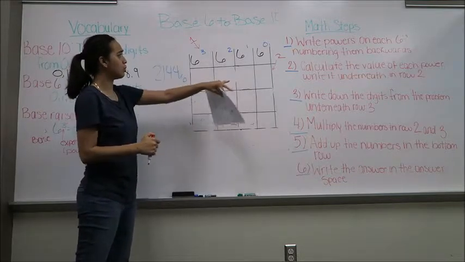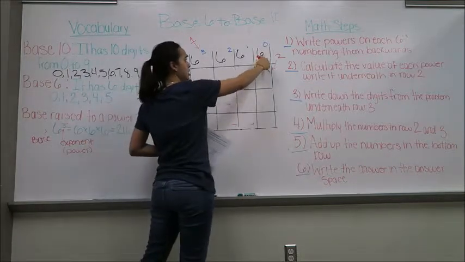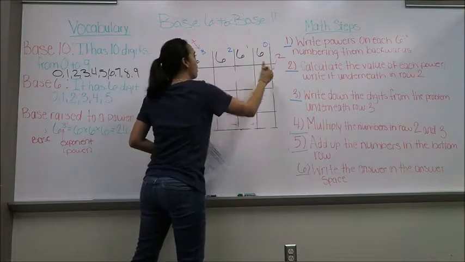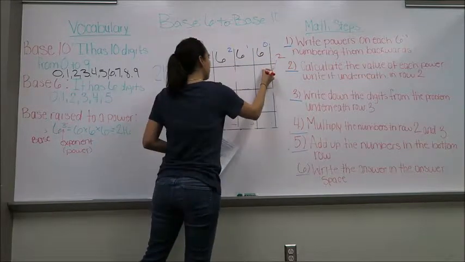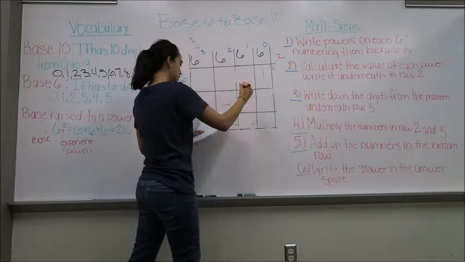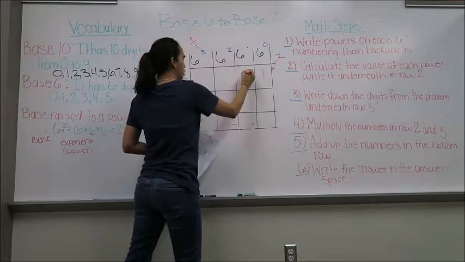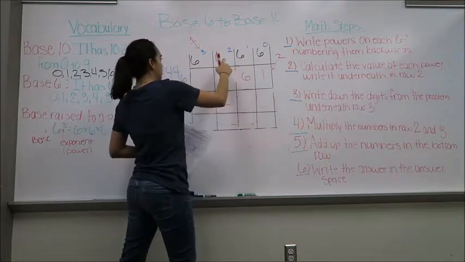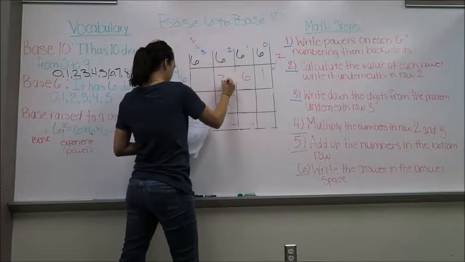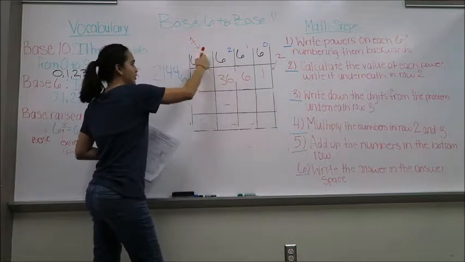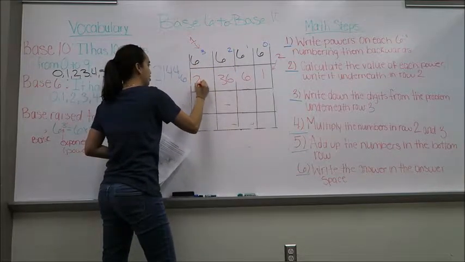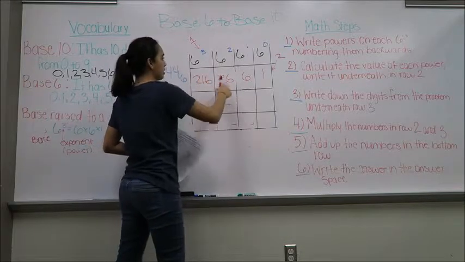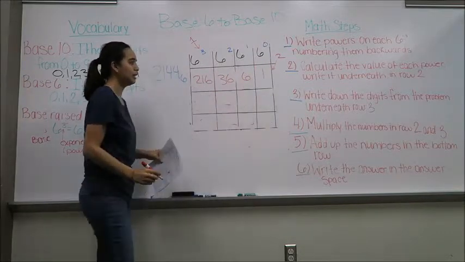Step 2, you have to calculate what is 6 to the 0 power, which is, remember, 1. It's the same as the first one. 6 to the first power is still 6. 6 to the second power is still 36. 6 to the third power is 216. Remember, step 2.